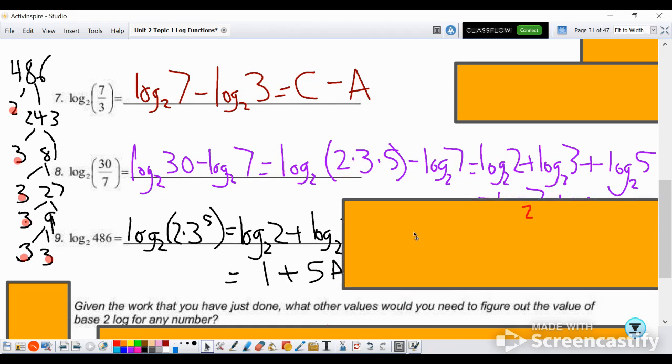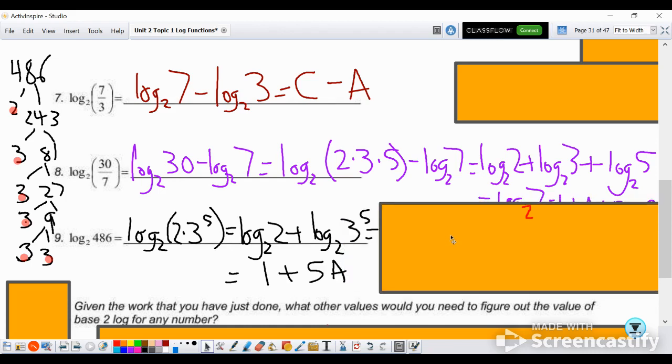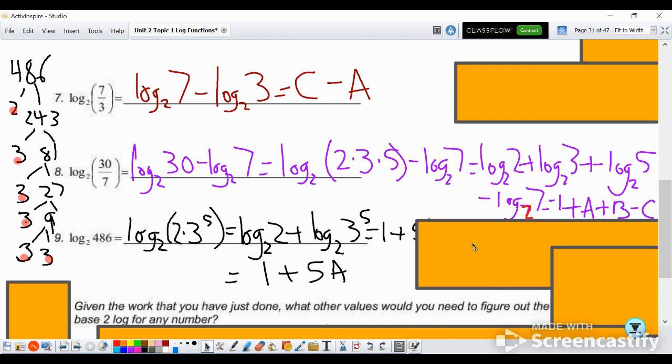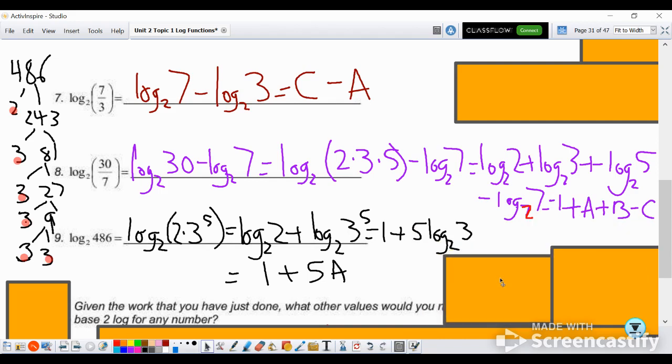Then we're going to use our power rule to move the 5th power to the front of only our log base 2 of 3. Once we do that, we can use the letters above to say log base 2 of 2 is 1, and 5 times log base 2 of 3, which is A. So final answer, 1 plus 5A.